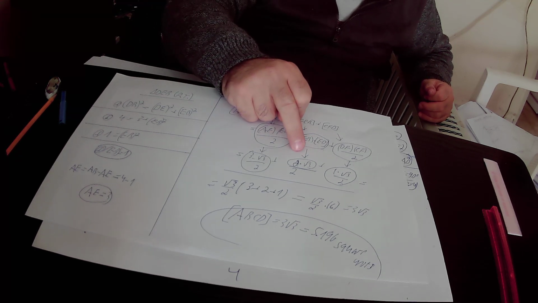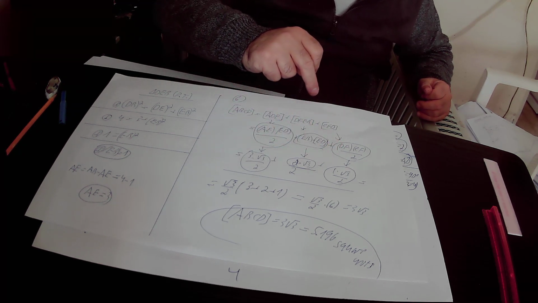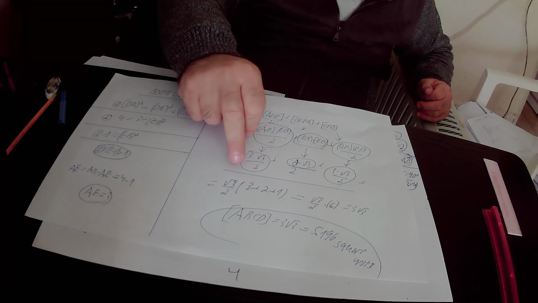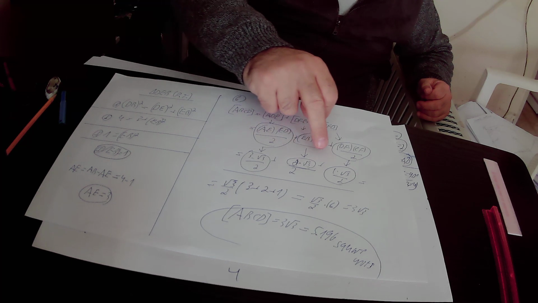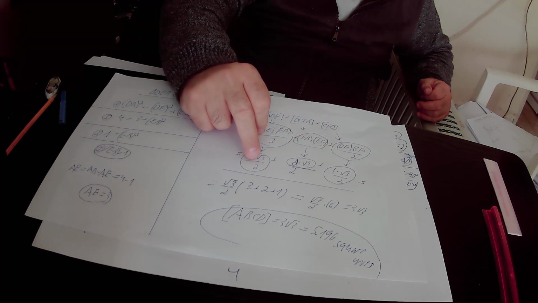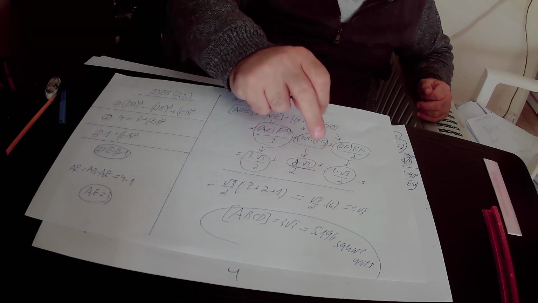Then we multiplied square root of 3 by 2 and divided by 2 in order to have a common factor with the other two expressions. We took a common factor of square root of 3 over 2 out of these three expressions. Inside the brackets we left 3 from this expression, 2 from this expression, and 1 from this expression.